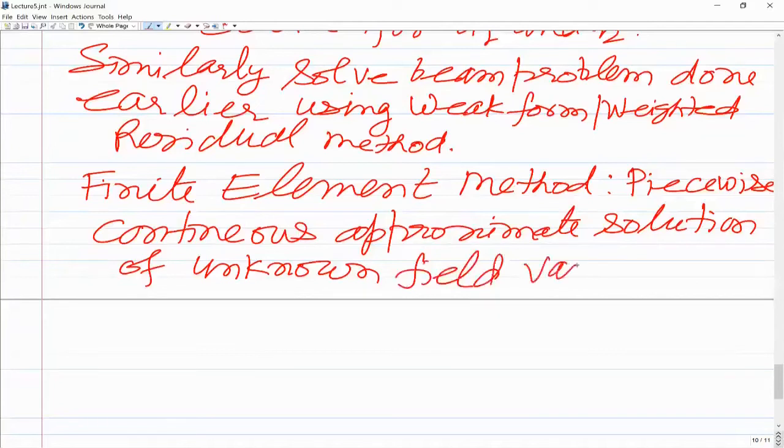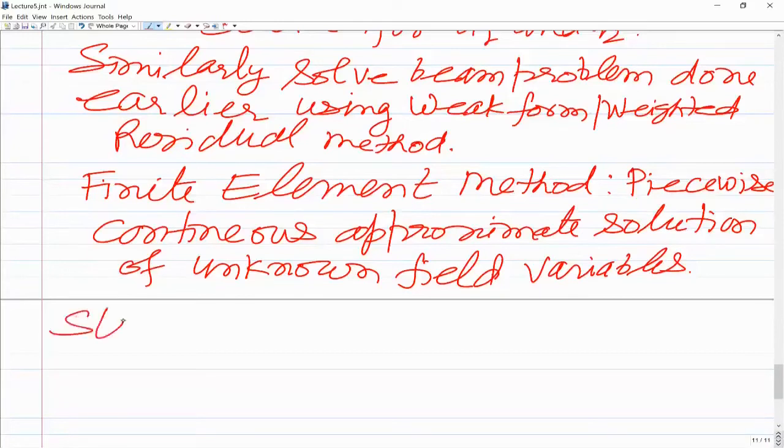So this is what we are doing in the finite element method. We are trying to find an approximate analytical solution, but rather than a single solution for the whole domain, we are assuming it to be piecewise continuous. So we divide the entire domain into multiple pieces and find the approximate analytical solution for each piece.